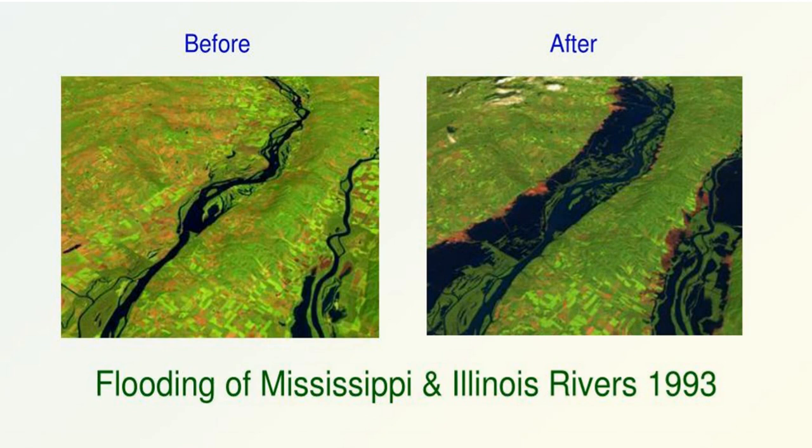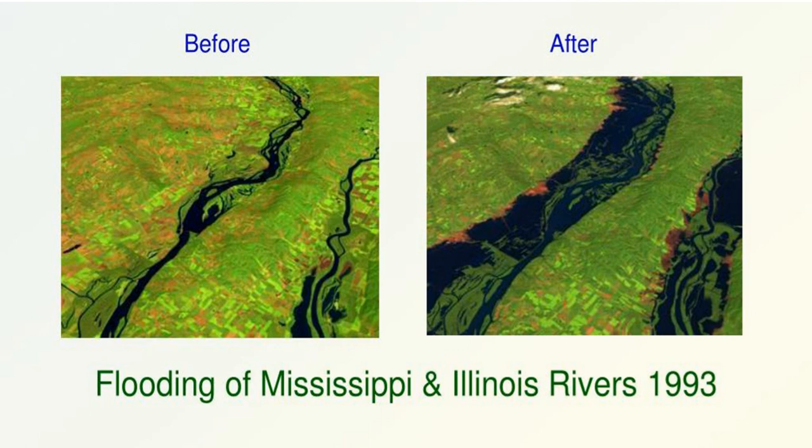Children, see the pictures carefully. The left side picture shows the map of the Mississippi and Illinois rivers before 1993. The right side picture indicates the Mississippi and Illinois rivers after 1993. See the differences in these pictures.